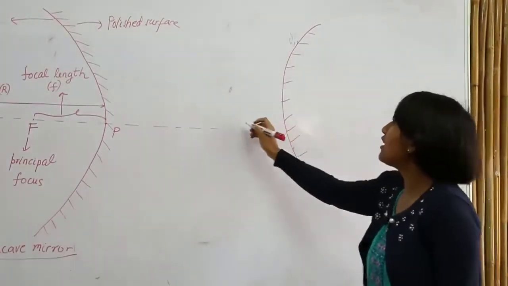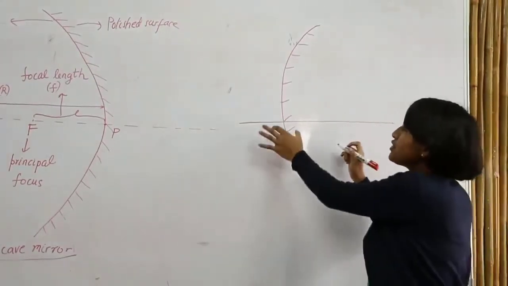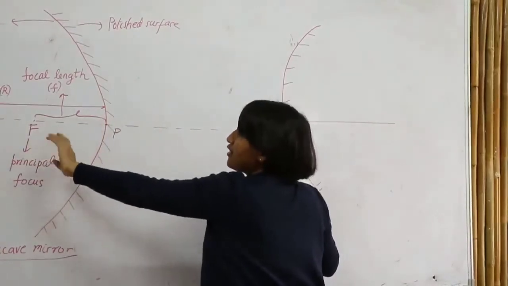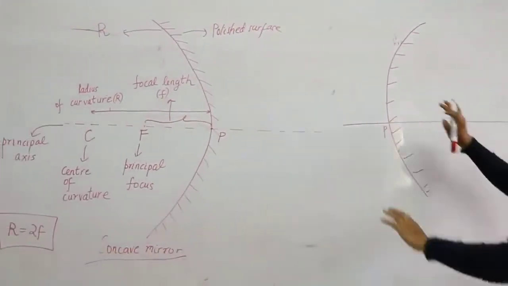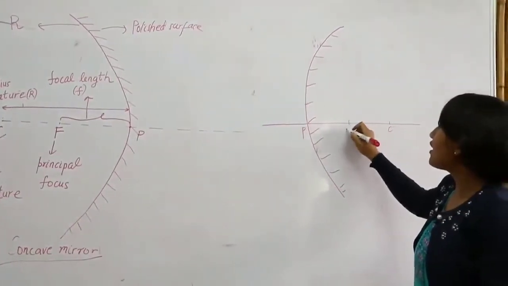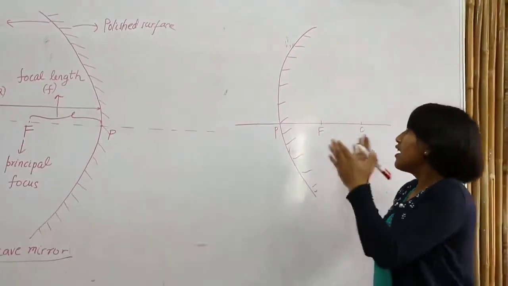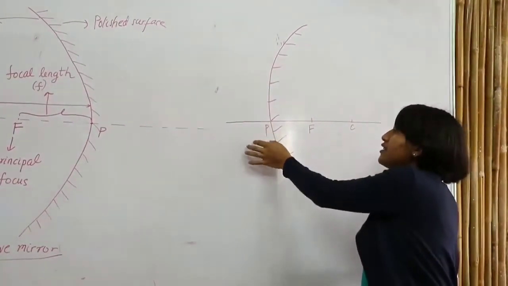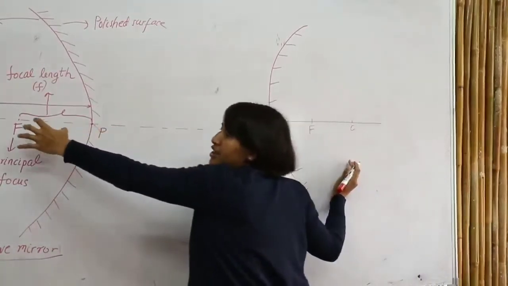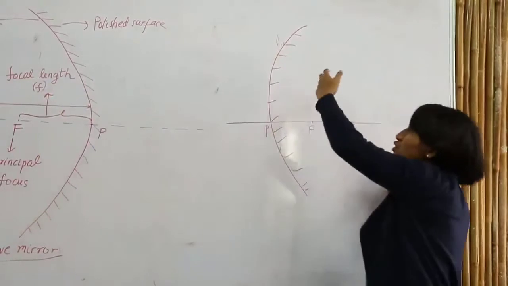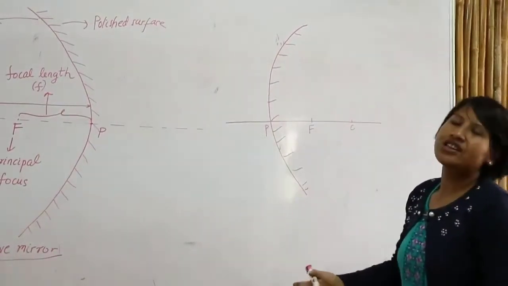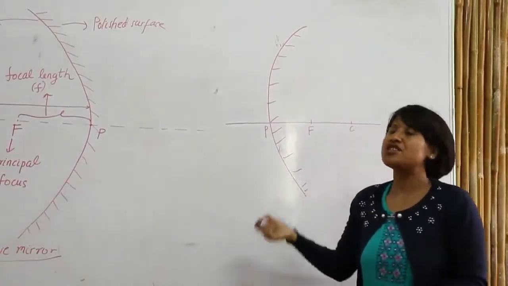Here we have them towards the left, but for a convex mirror they are towards the right. In other words, just remember that they should be towards the hollow side. You see, they are within this hollow side, so this one also should be within the hollow side. That will be easier to remember. The definitions and everything are the same, it's just the location.